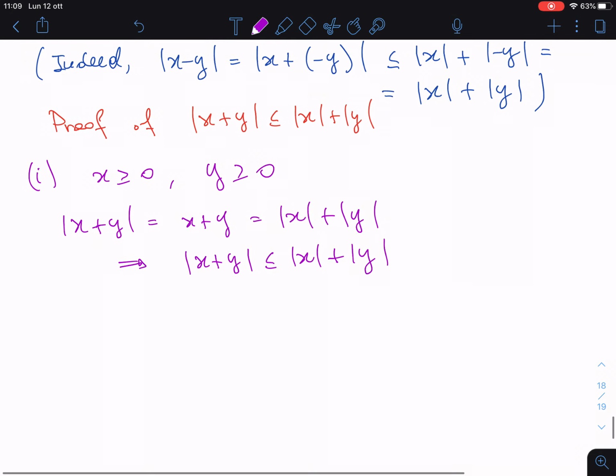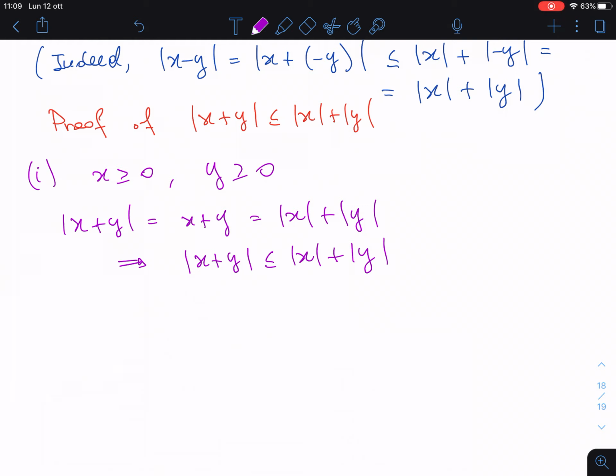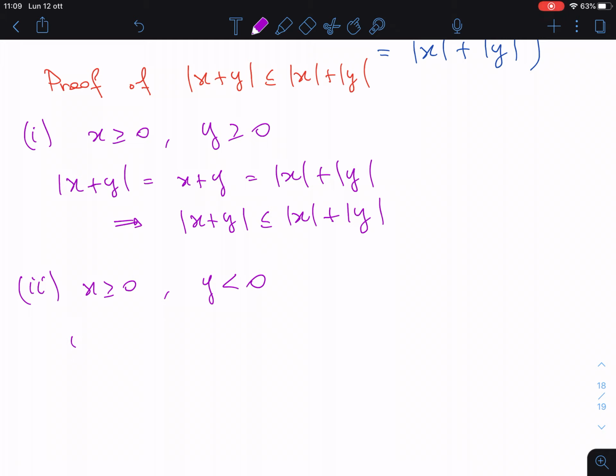And then there are other cases. So for instance, the second case, you consider again x non-negative, but y negative. So there are two cases. Case 2a, if you have that x plus y is however non-negative, because you sum a positive and a negative number, the result can be positive, then by definition of absolute value you have that x plus y is equal to x plus y without absolute value.